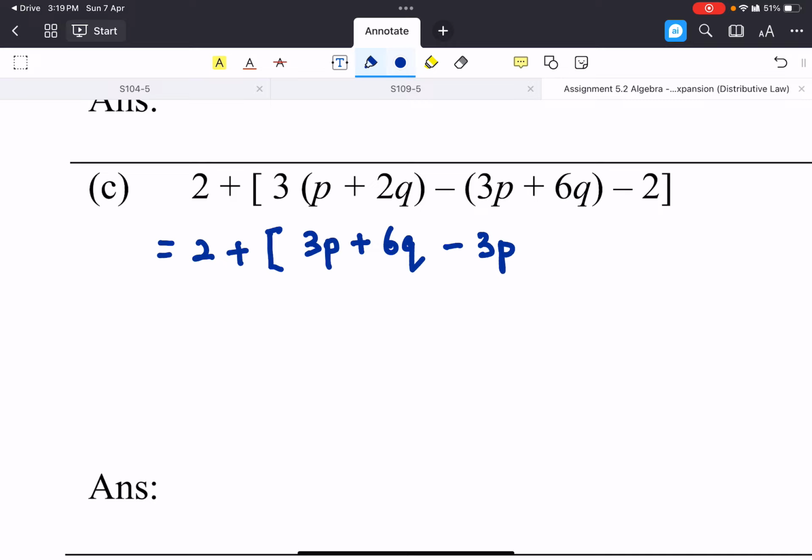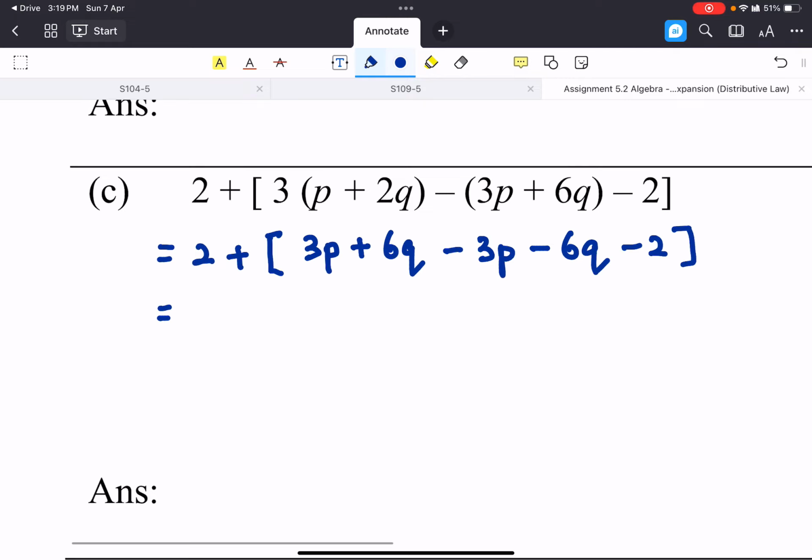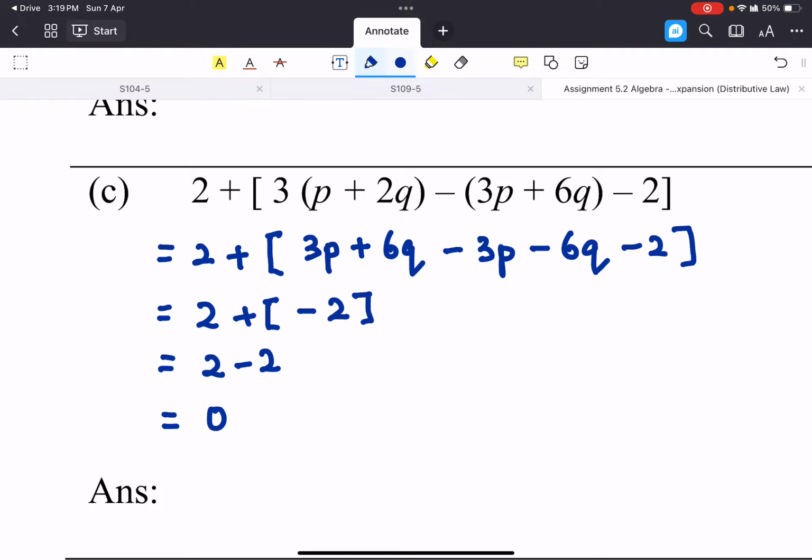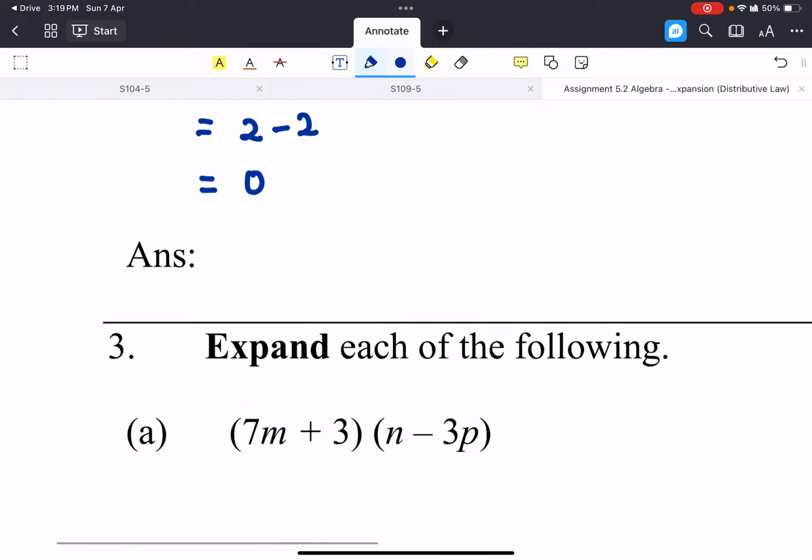So negative 3p minus 6q minus 2. Right? Simplify as much as we can first. So we will have 3p minus 3p, 6q minus 6q. We end up with negative 2. So this will give us 2 minus 2. And the solution is 0. And yes, 0 is a possible solution, right?